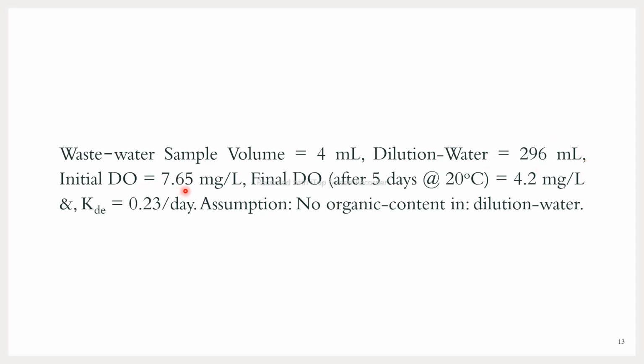Initial dissolved oxygen, that is L0, is 7.65 milligram per liter. The final DO after 5 days, that is L5 at 20 degrees centigrade, is given as 4.2 milligram per liter, and the kinetics constant, that is K, is given as 0.23 per day. The assumption is that no organic content is present in the dilution water.